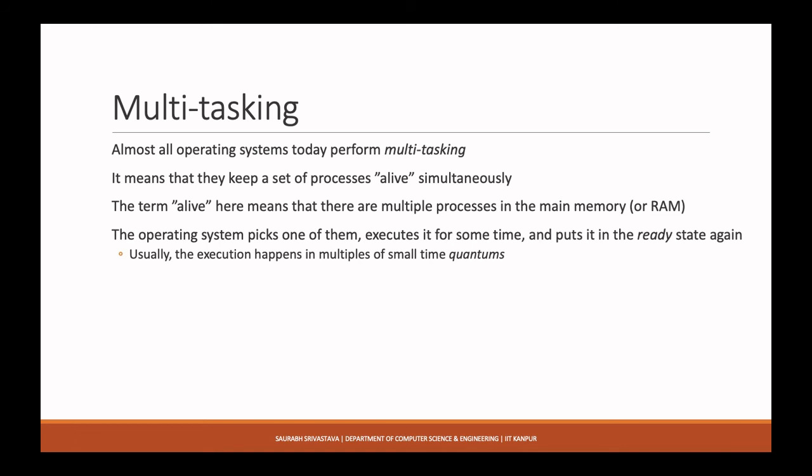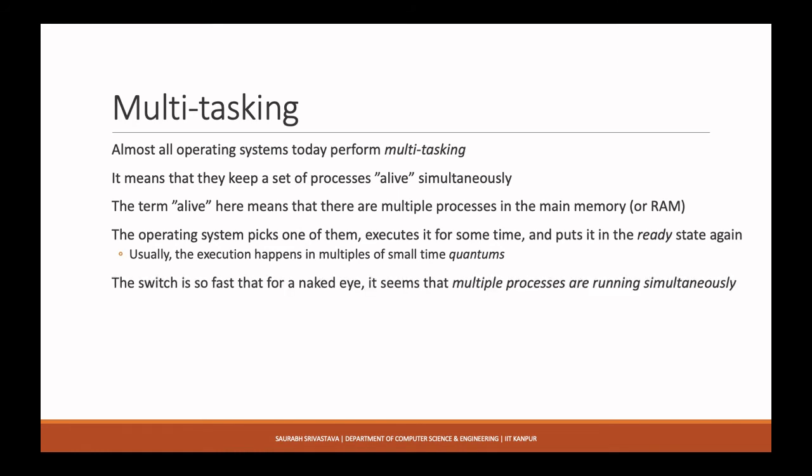It will be stopped from executing, and it will be put back into the ready state. This is essentially how your operating system is able to emulate, to show as if multiple processes are running simultaneously, because this switch between one process and another happens so fast that for a naked eye it might seem as if multiple processes are running simultaneously.